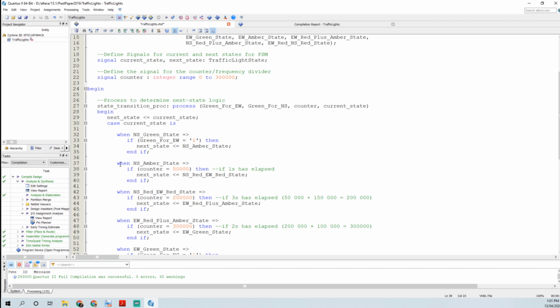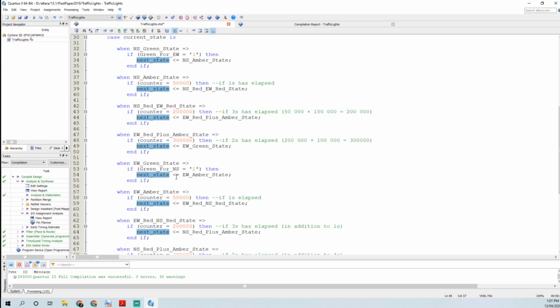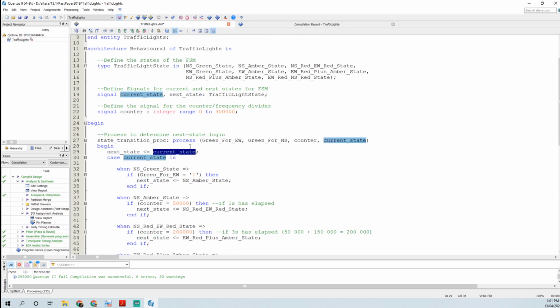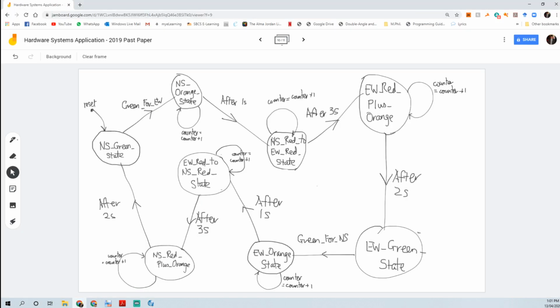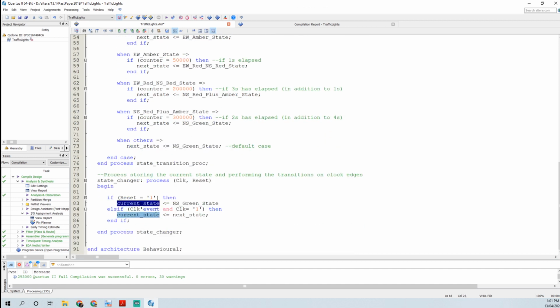All right, this condition is not going to be satisfied, but next state will still have the value of what is going to be currently, so that when we come to this block of code here, next state, the variable, is storing the value of what it's going to stay at, and that corresponds to these transitions here. All right, and that value then gets pushed into this signal, which is going to allow me to stay in the current state.